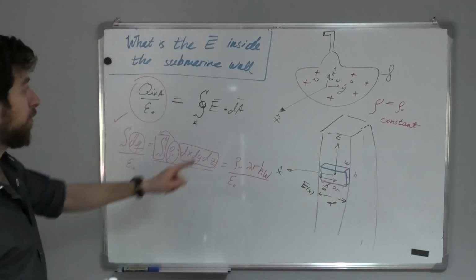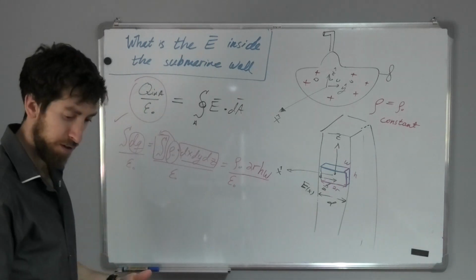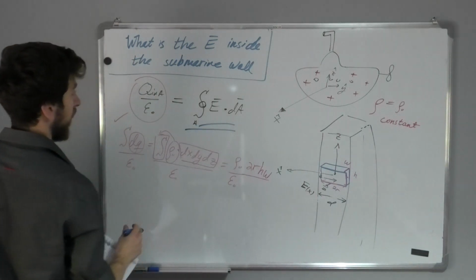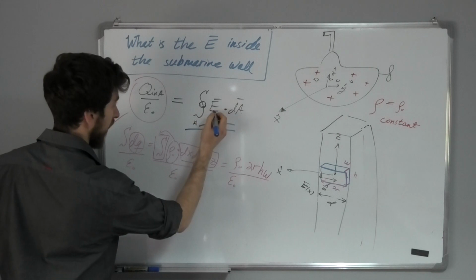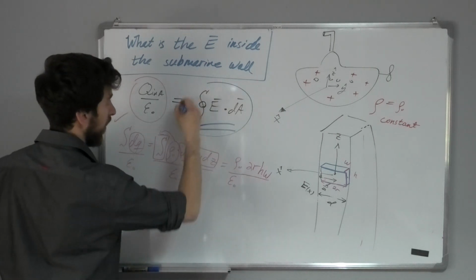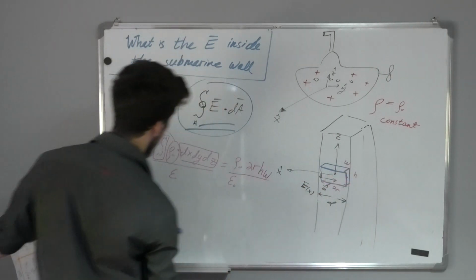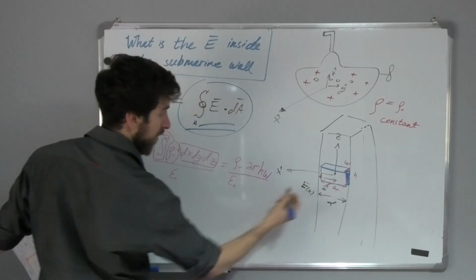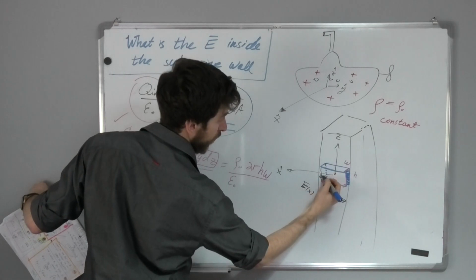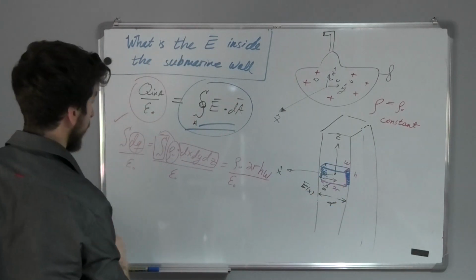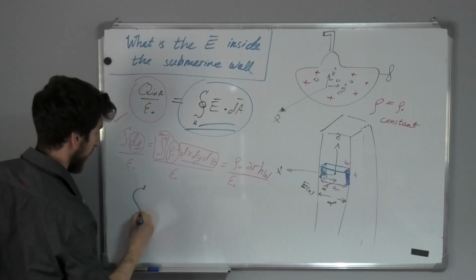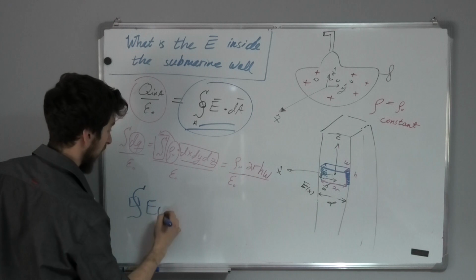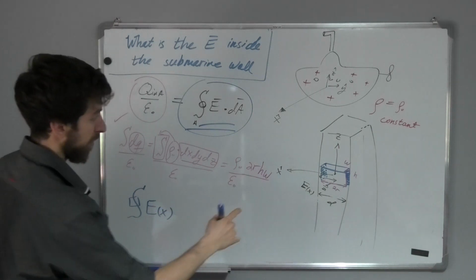Everything is good. Now let's deal with the electric field inside this shape. I can divide this integral into two parts. The first one is the front one, right? I have two of these kinds of surfaces. Let's do the integral over these two faces, which is E at location x, plus or minus, it doesn't matter.